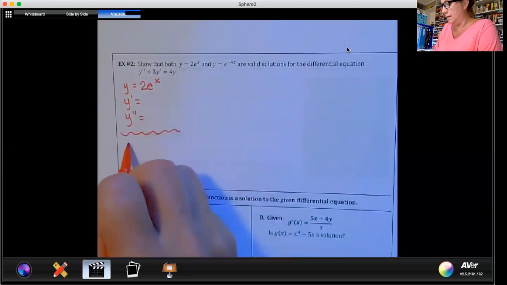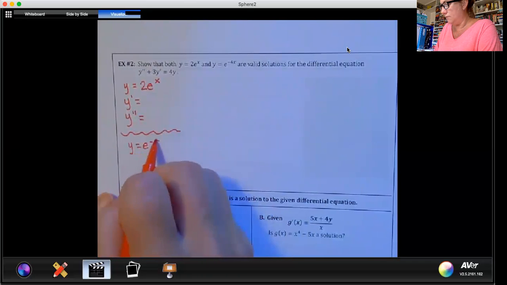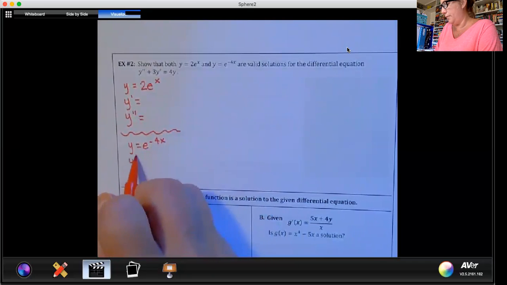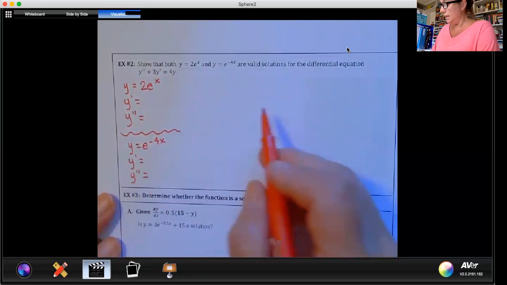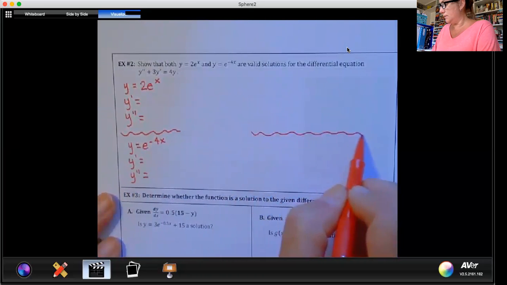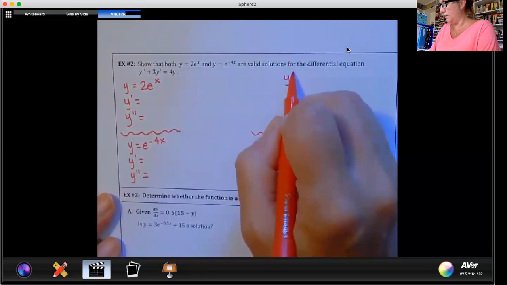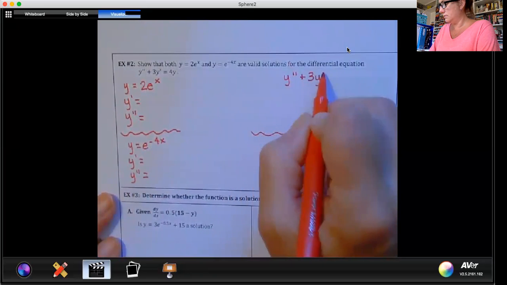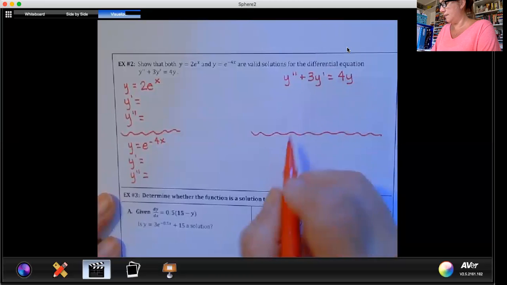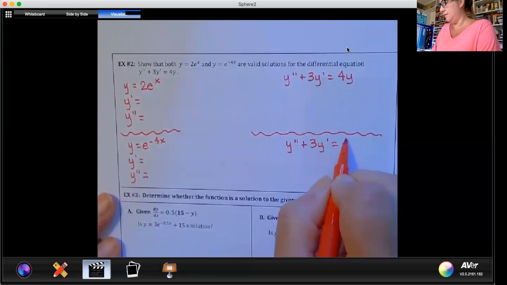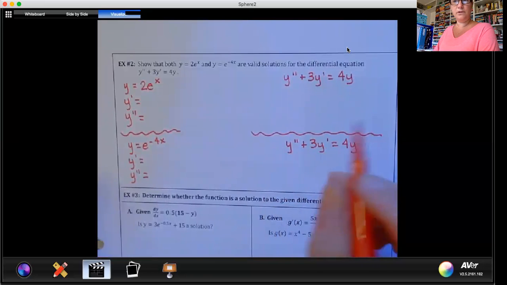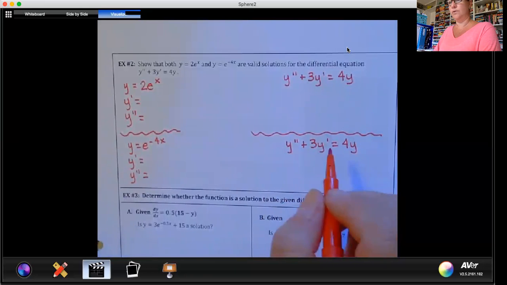And then we're going to take y equals e to the negative 4x, and we're going to find y prime, and we're going to find y double prime. And then over here to the side, we're going to take our differential equation and plug in those values that we just found to see if they are equal. So those are the steps we're going to follow here for example number 2.